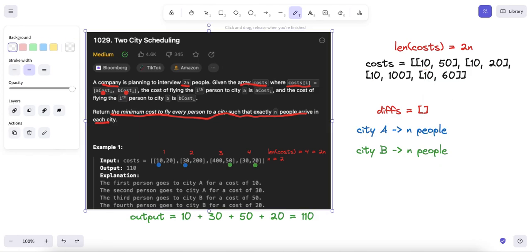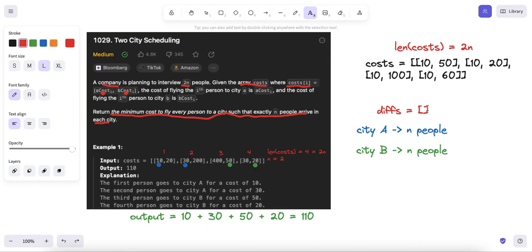What we need to determine instead is a way to compare how much less it would cost to send each individual to one city versus the other. So what we should do instead is take the difference between the two costs for each person and store that in an array. Say for the first person, we have 50 minus 10, which is equal to 40, and we store that in an array.